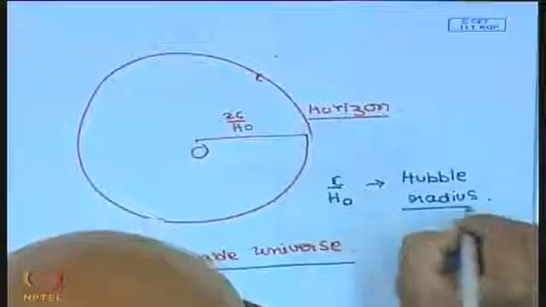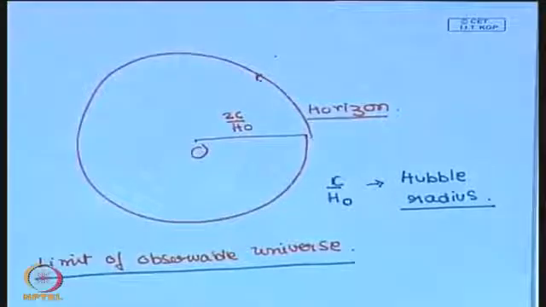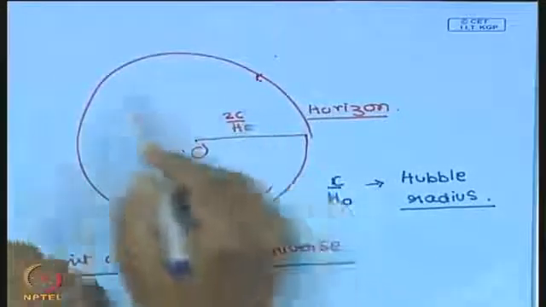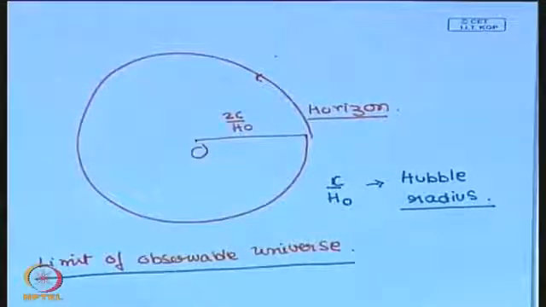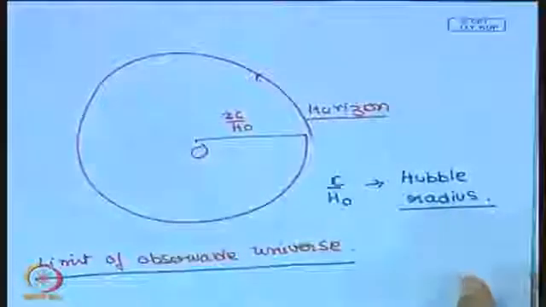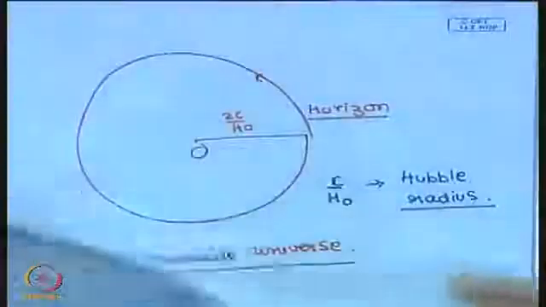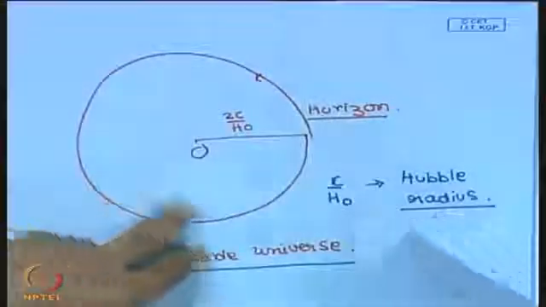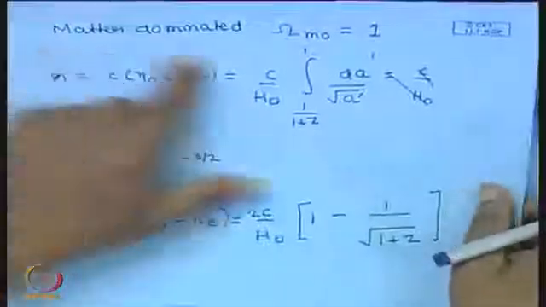This gives you an order of magnitude estimate of the furthest distance which you can see, and the exact value in this particular cosmological model that we have been considering. If you remember, the particular cosmological model that we have been considering is omega matter equal to 1.